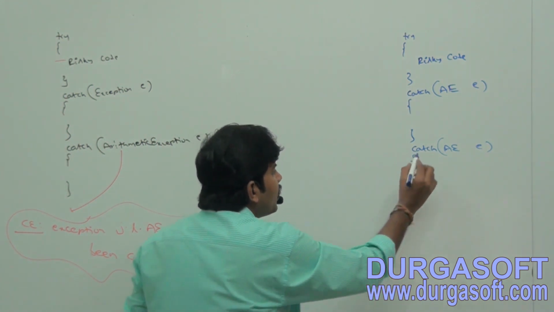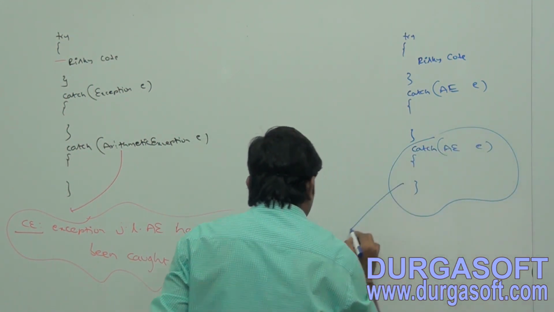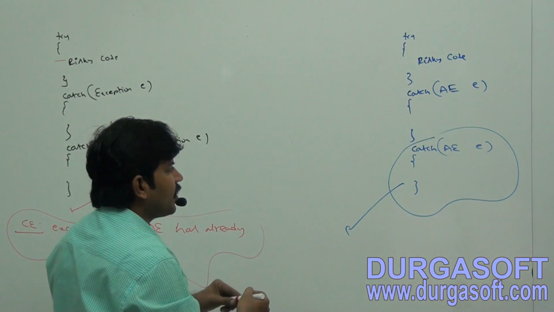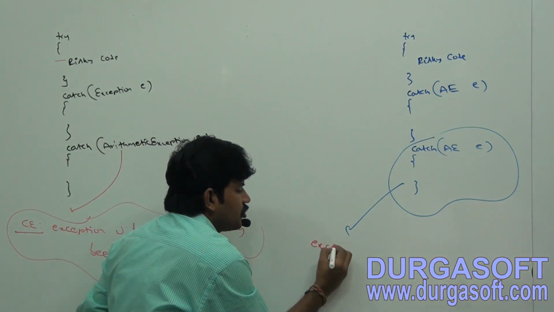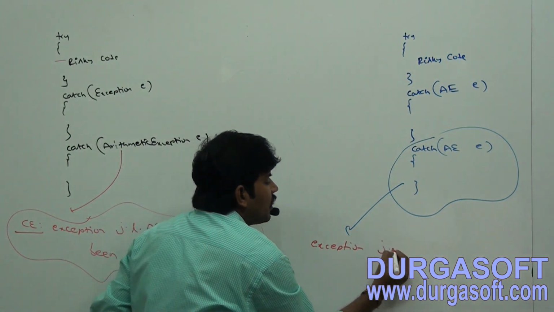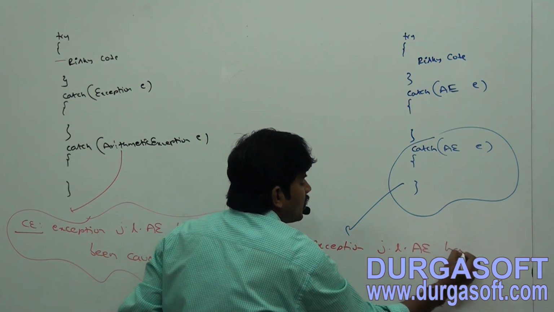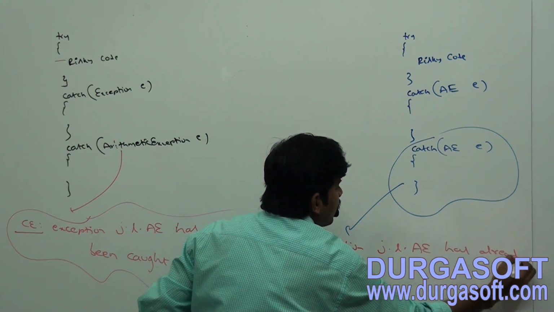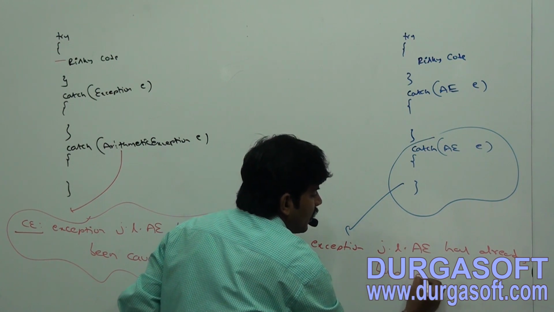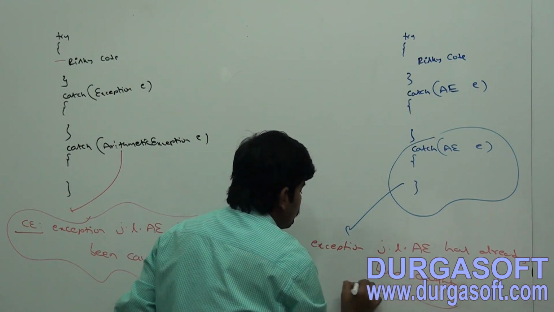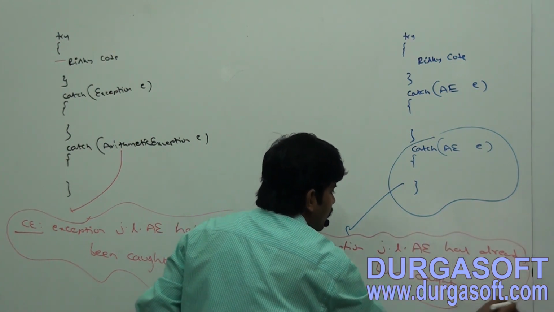That's why we immediately get a compile time error saying, "Exception java.lang.ArithmeticException has already been caught." This is the compile time error we get by default.